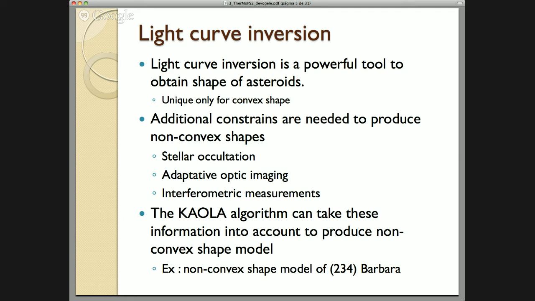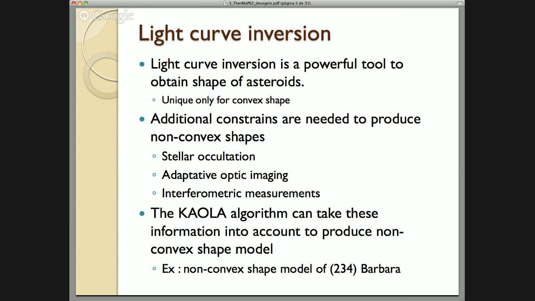To obtain non-convex shape models, you need additional constraints like stellar occultations, adaptive optics, and interferometry measurements, like someone told you about before. The KOALA algorithm is able to take all this information into account, and the example is Barbara that I showed you before.